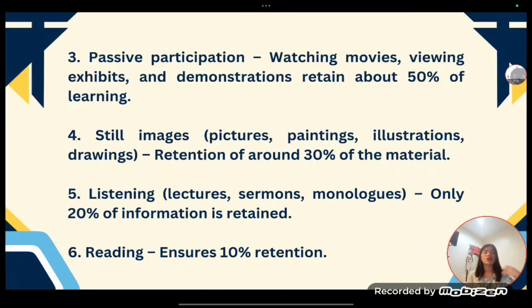So those are yung mga watching movies, viewing exhibits, and demonstration retain about 50% of the learning na naa-absorb natin galing sa ating guro. So next is still images, pictures, paintings, illustrations, drawings. So those are mga 30% of the retention lang yung naa-absorb natin.